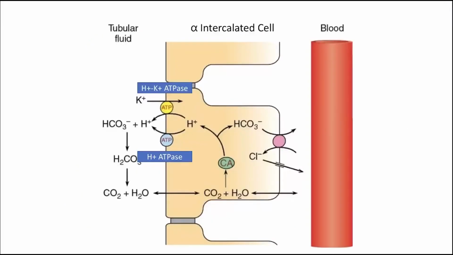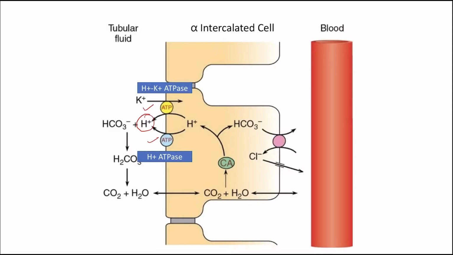The target of aldosterone is the alpha intercalated cell present at the collecting duct of the renal tubule, where it increases the activity of the hydrogen ATPase and the hydrogen potassium ATPase, favoring hydrogen ion secretion into the tubular fluid and excretion through the urine.